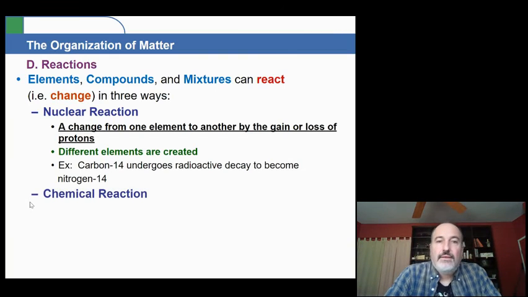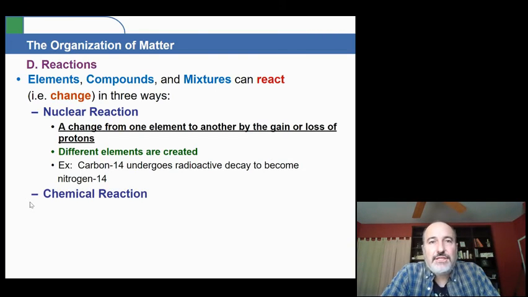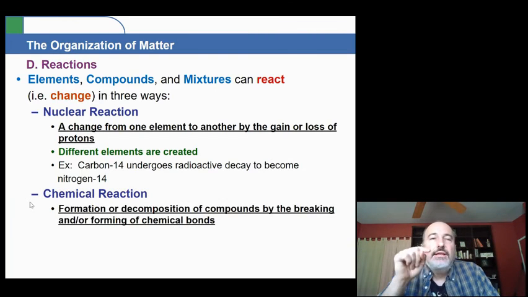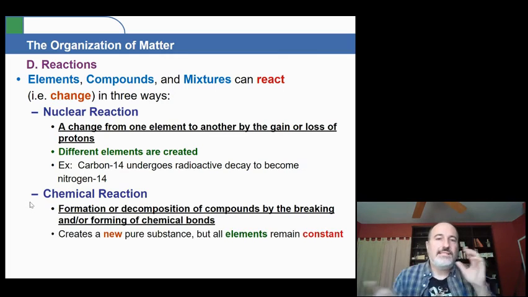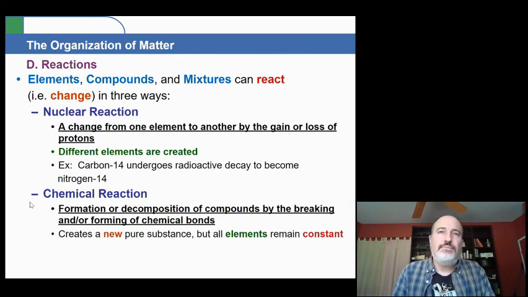For example, carbon-14 undergoes radioactive decay to become nitrogen-14. Now, a chemical reaction is one in which there is a formation or decomposition of compounds by the breaking and or forming of chemical bonds. What this does is it creates new pure substances, but all the elements remain constant.